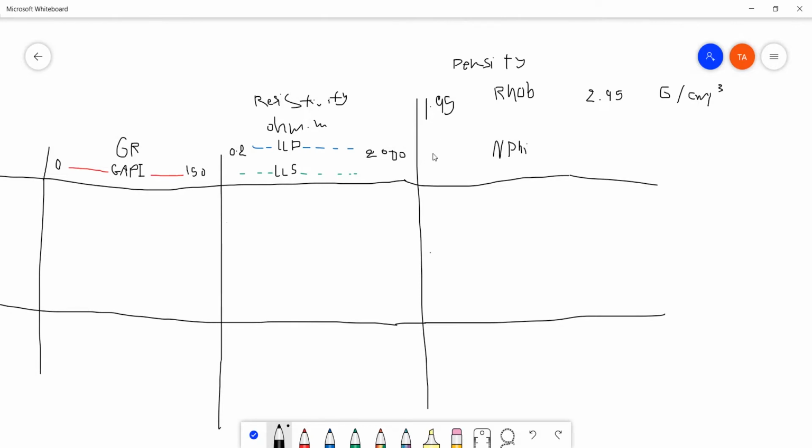Here, NPHI starts from 0.45 and ends with minus 0.15. And the unit of it is percent.